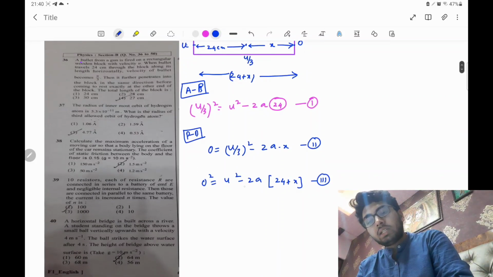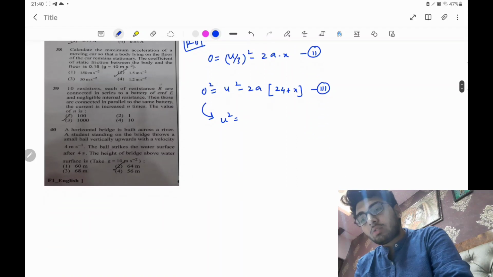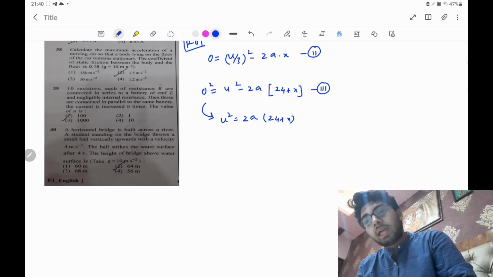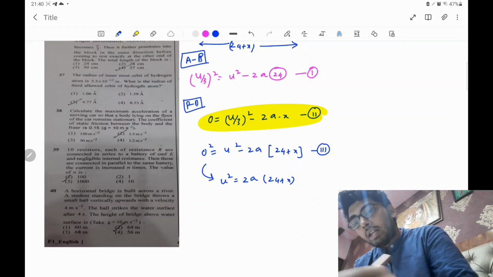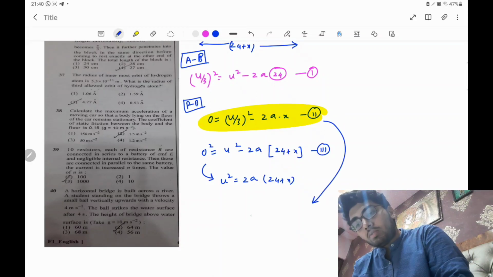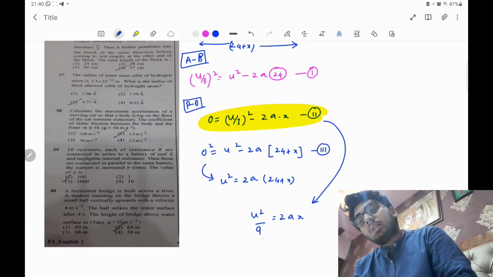So from this equation I can solve that u square equals 2a into 24 plus x. And from the second equation which I wrote here, I got u square by 9 equals 2ax. That means in simple terms u square is actually equal to 18ax.